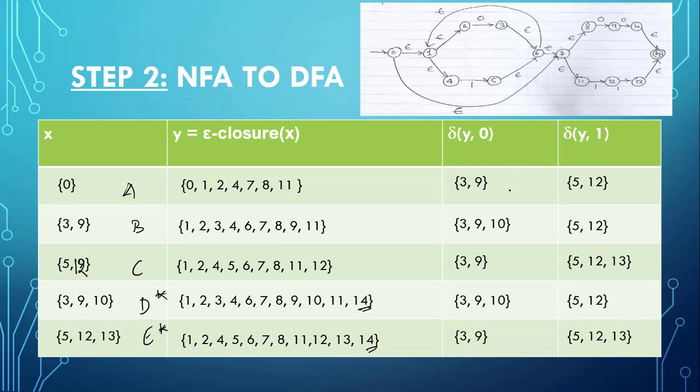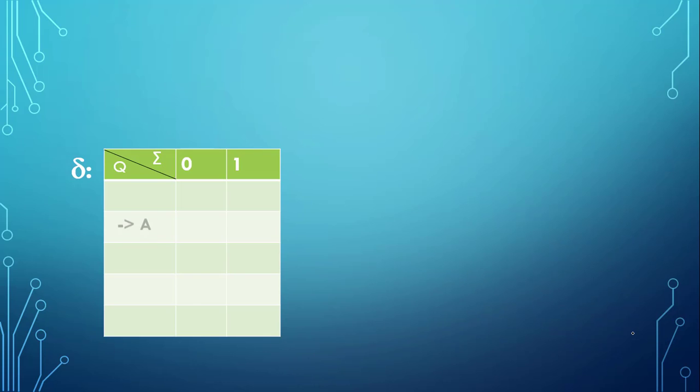From here we start with A going to B and C. Next we go to D and C. Next is B and E. Then we go to D and C, and finally B and E. So this is how we convert our NFA to DFA, which we will see in the next slide.